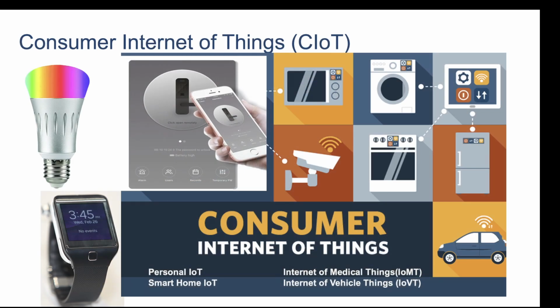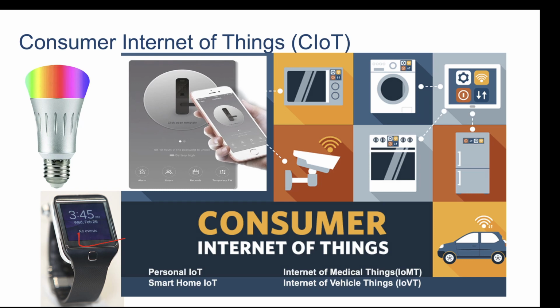The consumer Internet of Things. These are basically IoT devices, and their applications are quickly integrating into our daily routine. For example, personal IoT devices like smartwatches, hearable devices, and smart glasses can be termed personal IoT.